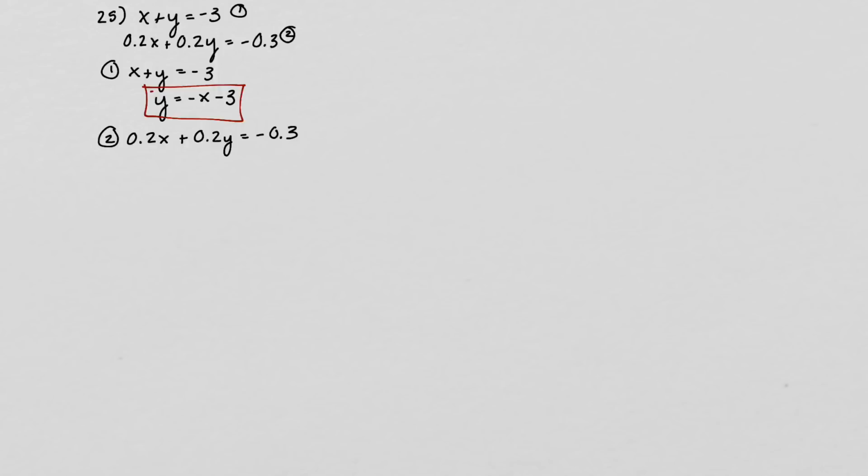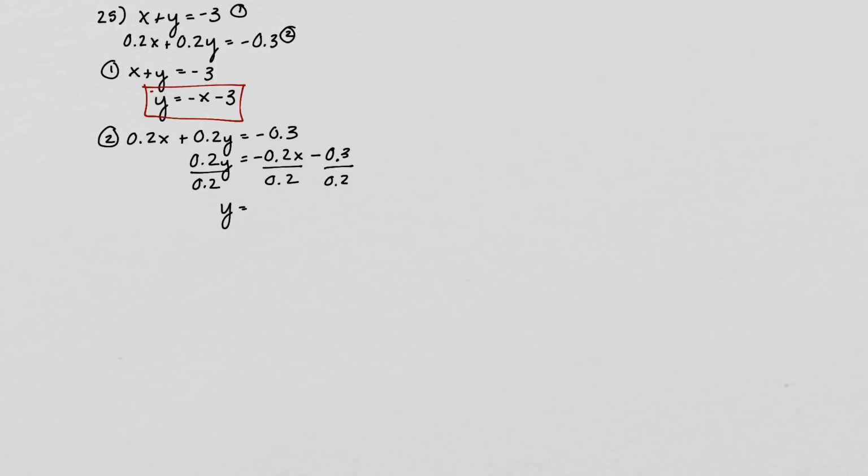So the first thing we're going to do is subtract the 0.2x from both sides. So 0.2y equals negative 0.2x minus 0.3. And now what we're going to do is divide everything by 0.2.